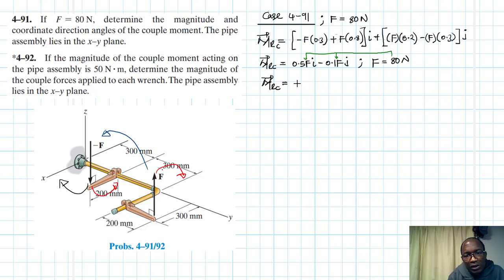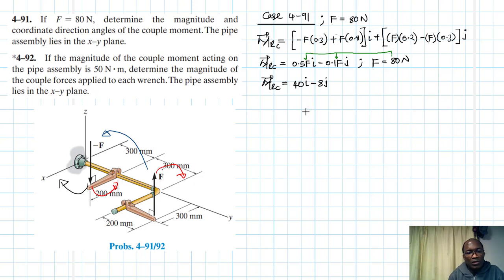This gives us 40i, and then 80 by 0.1, that is 8, so minus 8j. Is everything fine? Everything is fine. Great.